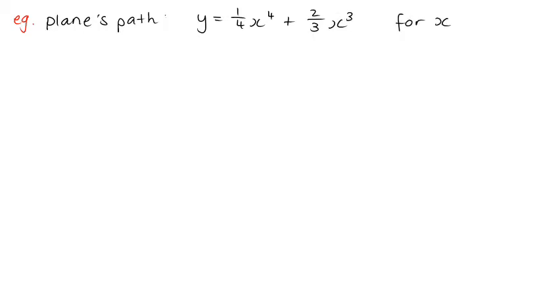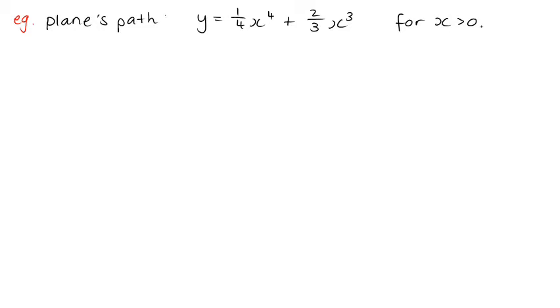Okay, the other question, these get even harder. A plane's path follows the equation 1/4 x to the 4 plus 2/3 x to the 3 for x is greater than 0. So we're only looking at the positive side of the x-axis.